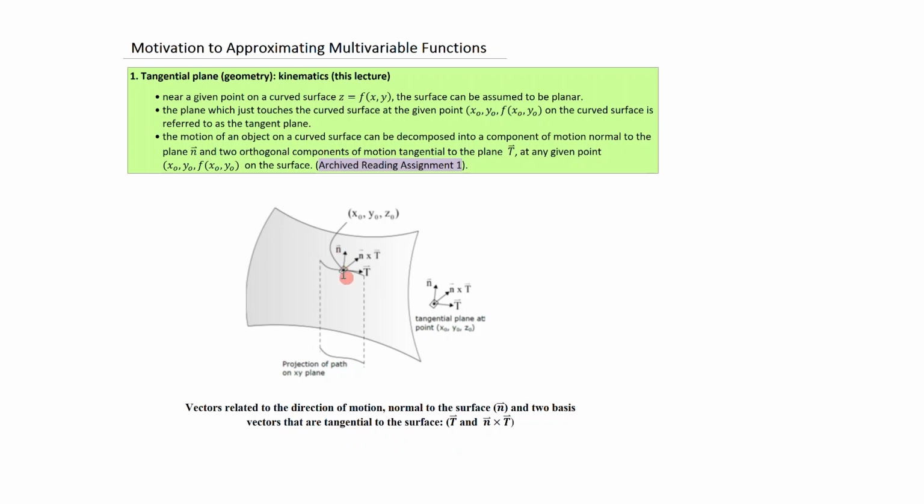We can obtain the third orthogonal vector by taking the cross product between the normal vector and the unit tangent vector. That's shown there. This is what you would do at each point on the surface, and you would end up deriving a set of differential equations describing the motion of an object on a curved surface.